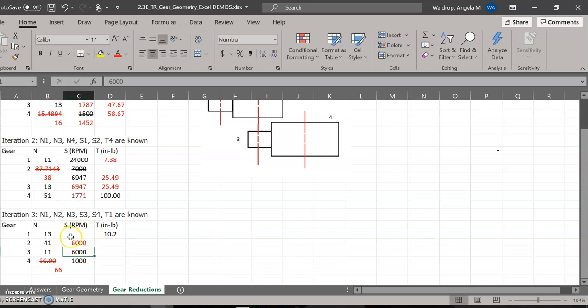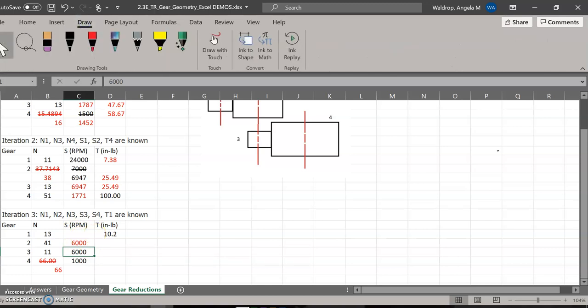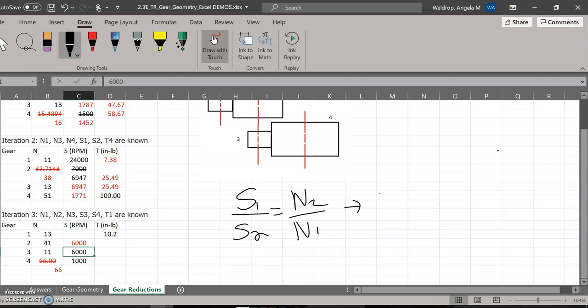Now, the last thing I'll have to calculate is my beginning speed here. So I'm going to go ahead and set up an equation for that. S1 over S2 is equal to N2 over N1. And if I solve for S1, I'm going to have N2 over N1 times S2.